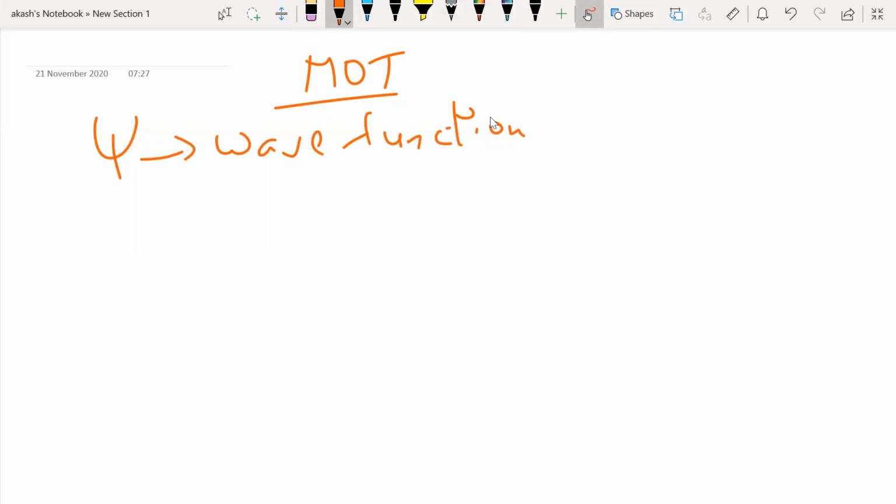Depending on how this wave looks for each orbital, the shapes are determined. We say the s orbital is spherically symmetric because its wave is like that, and the p orbitals are dumbbell shaped because the wave function is such. That's how it works.